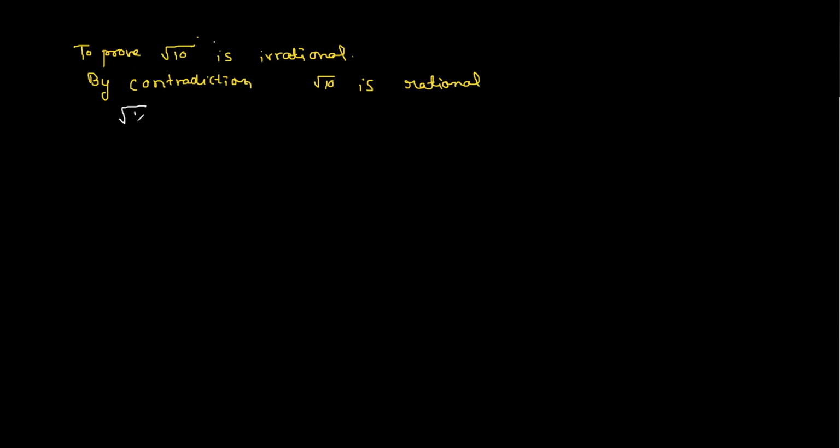Rational means what? P by Q form or A by B. Q cannot be equal to 0. Right? And HCF of P comma Q will be 1.